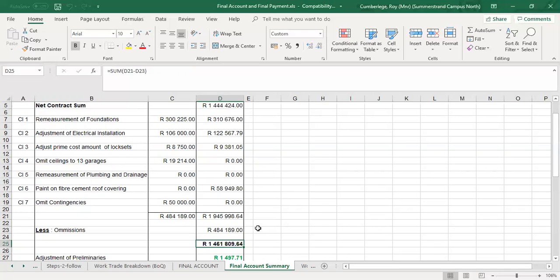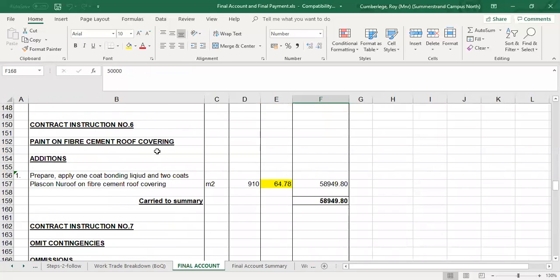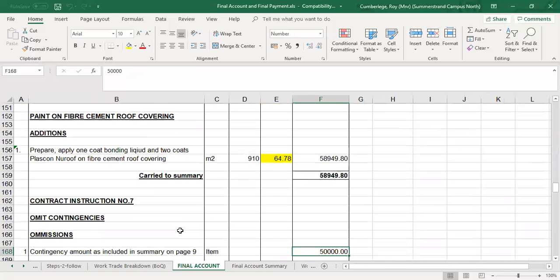Step number 2 is then to start compiling your final account, all the various contract instructions, right up till the very last one. All of the contract instructions must be agreed upon. If there were new rates, they must be negotiated with the contractor. There must be clear evidence of all new items, the rates specifically.